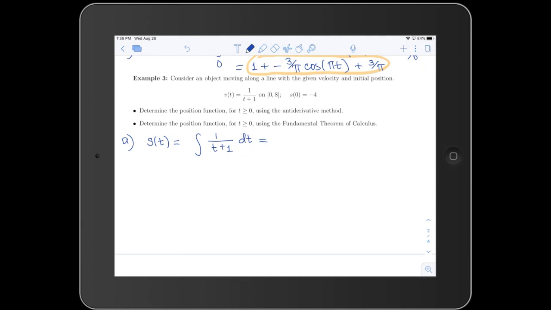And if that stuff is linear, that's nice, because there's a very high chance this is a natural log. So this is how you can think about it. If you have 1 over some stuff that's in a linear form, meaning there's no powers, right? So we only have t plus 1, t is to the first power. This is natural log, okay? So this is natural log of t plus 1 plus c.